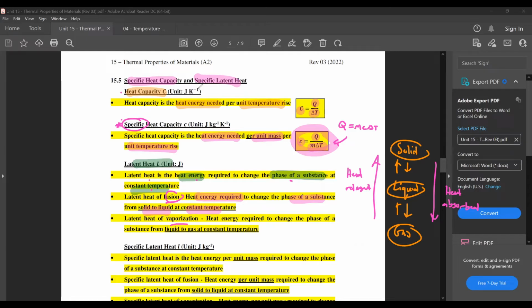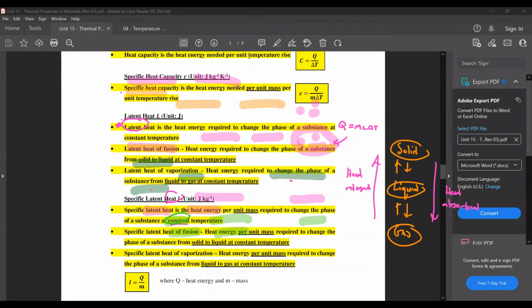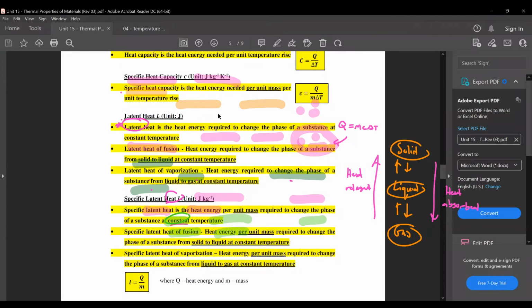Now, on the other hand, if you have latent heat of vaporization, it is heat energy required to change the phase of a substance from liquid to gas at constant temperature. So the word vaporization here already implies phase change from liquid to gas. Okay, so this is latent heat. Now, there's also another different set of definitions that relates to latent heat. This one is specific latent heat. Okay, again, the only difference now is the addition of the term called latent.